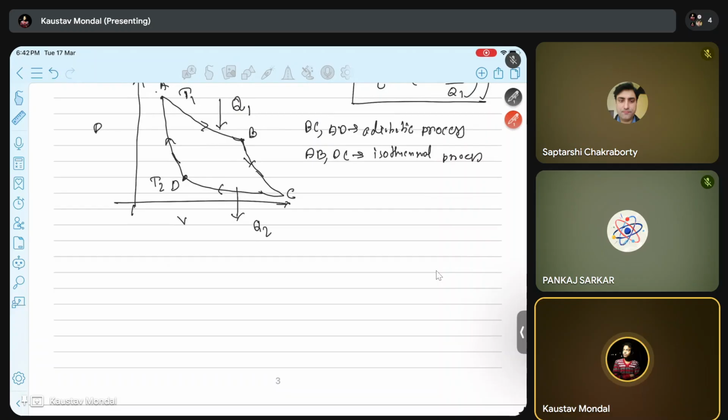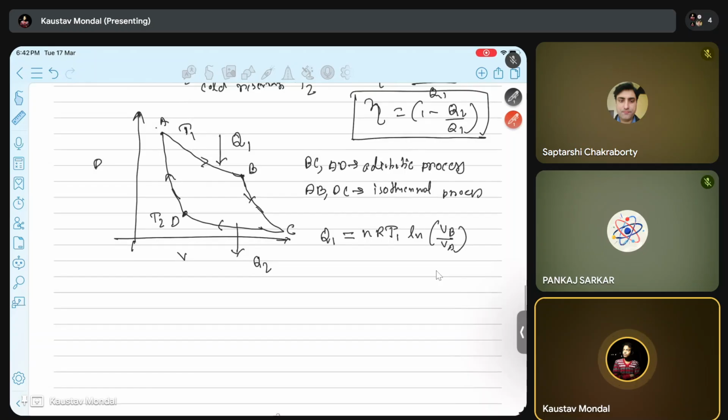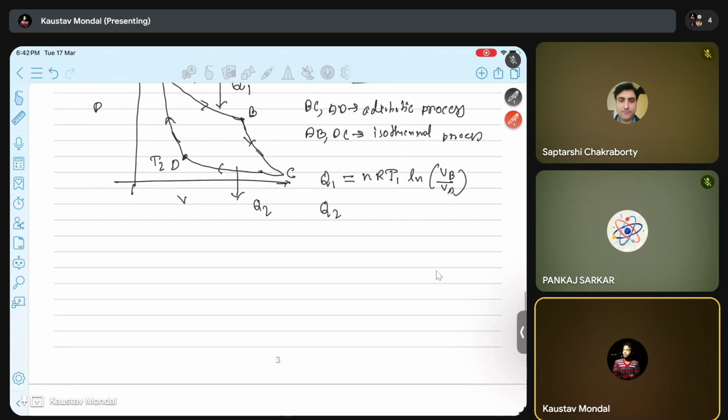For a general isothermal process, the heat is given by Q1 equals nRT1 ln Vb by Va, where Vb is the volume at B and Va is the volume at A, and Q2 is nRT2 ln Vc by Vd. Remember here the heat is going out.